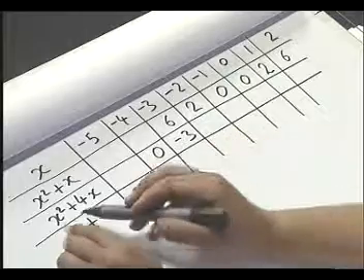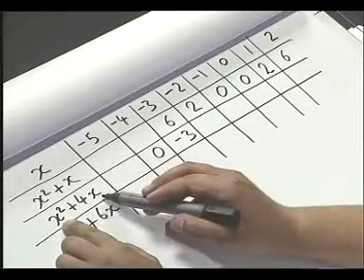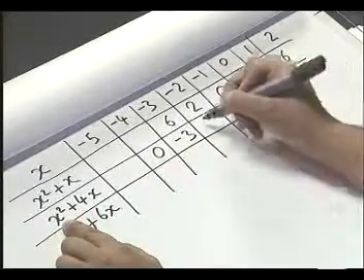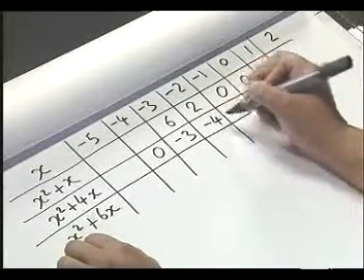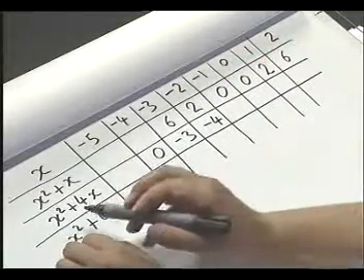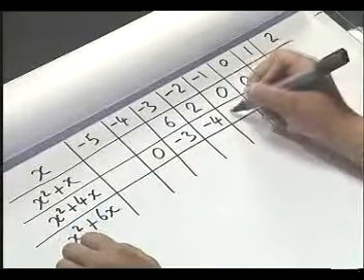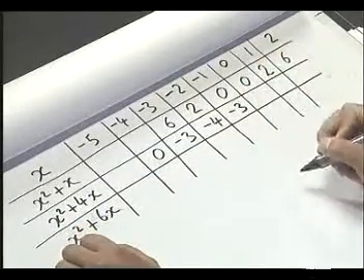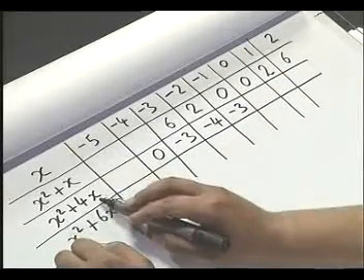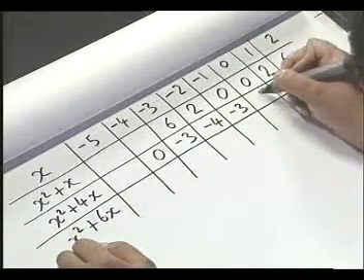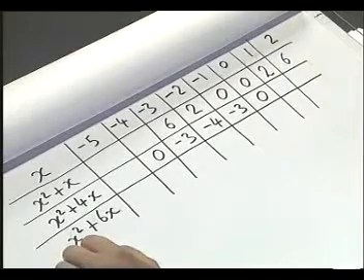If I put minus 2 in here, we get 4, take away 8, which is minus 4. If I put minus 1 in here, we get 1, take away 4, which is minus 3. And if I put 0 in here, 0 plus 0, which just gives me 0.